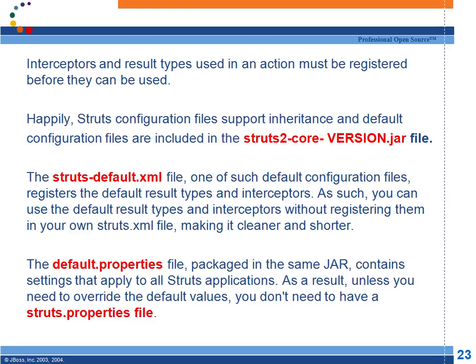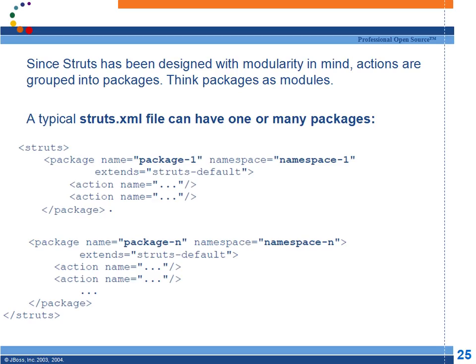Is it struts-default where I have shown you result types and interceptors? As such, you can use the default result types and interceptors without registering them in your own struts.xml. You can just extend it. We have extended it. Okay, these default properties we don't use.